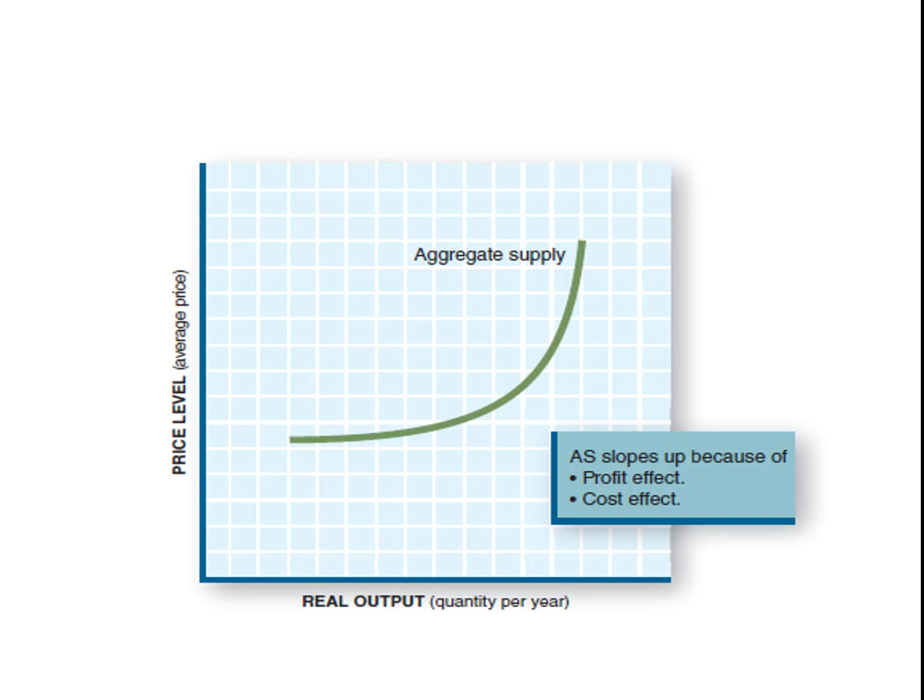So why is the aggregate supply curve upward? We can explain it through two different effects. One is called the profit effect, another is called the cost effect. In order to understand the profit effect, let's think about plastics. I know in this Pennsylvania area, we have many plastic industries.